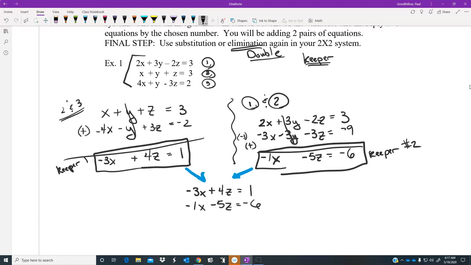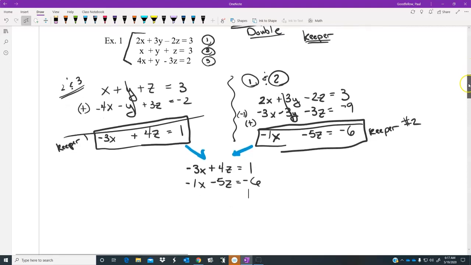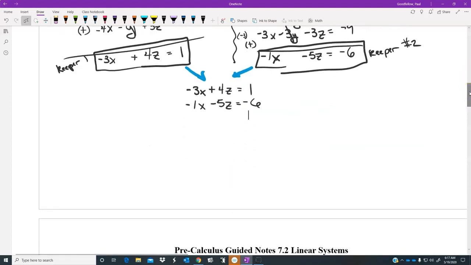Now, as you can see, one of these definitely needs to be multiplied by a scalar multiplier so that you can end up eliminating again. I'm going to multiply the bottom row by the easiest one, which would be negative 3, and that would change this to a positive. So let's do a little rewrite here.